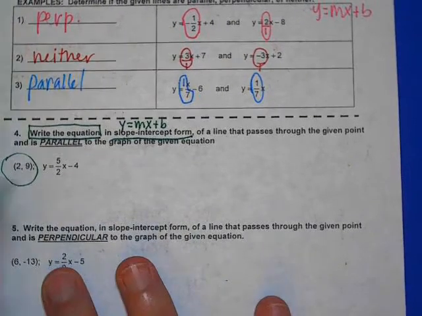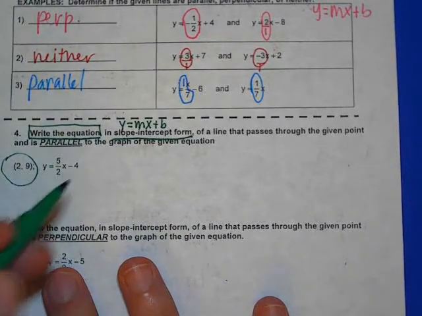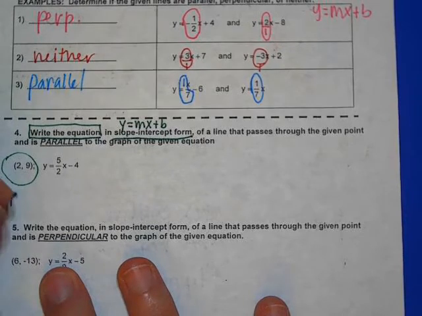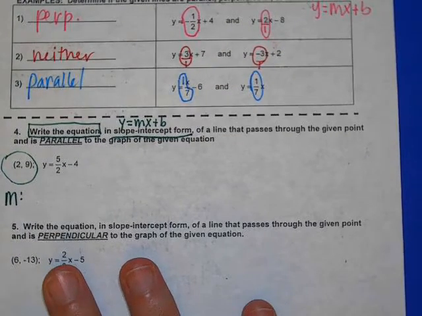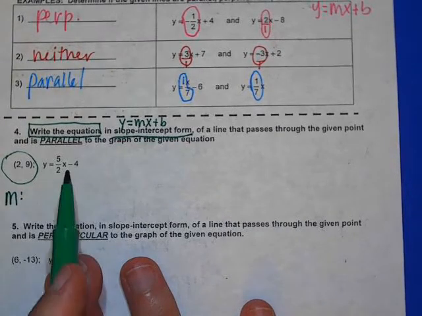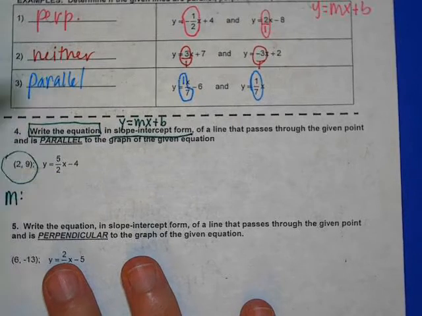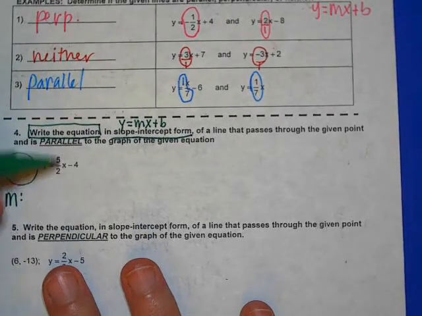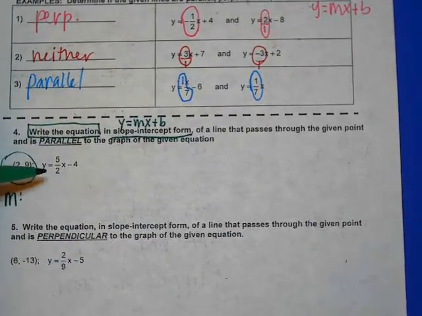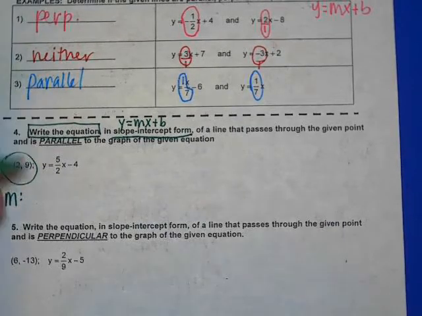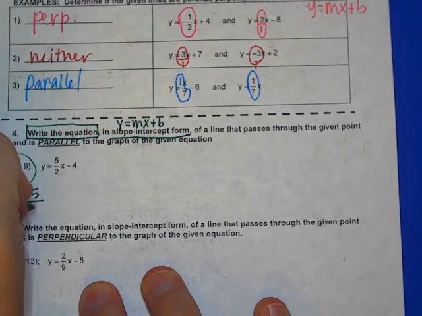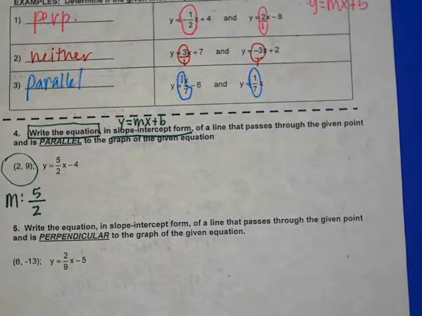Now, if I want something parallel to this line, I need its slope. So what is the slope of the original line? 5 over 2 is the original slope. If I want a new line that's parallel to 5 over 2, what would my new slope be? 5 over 2, the exact same, because parallel means same slope.